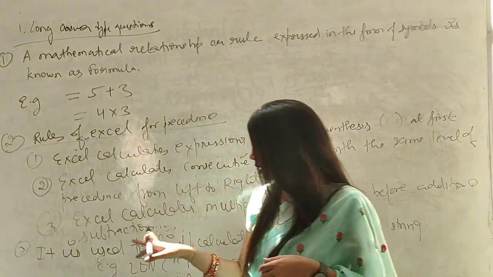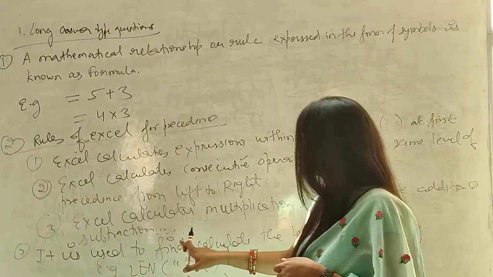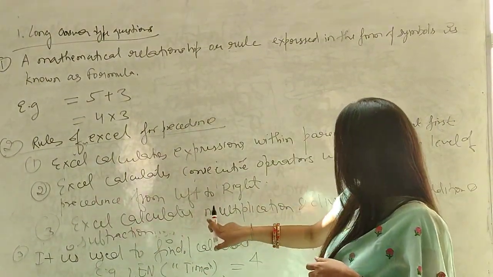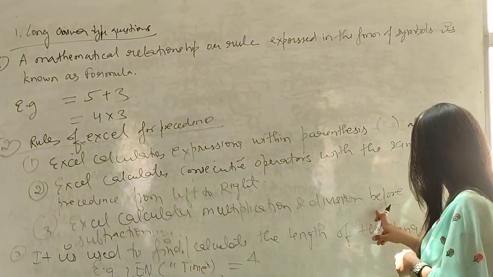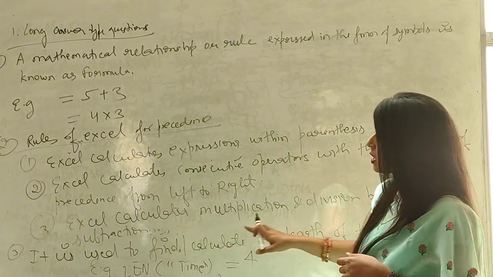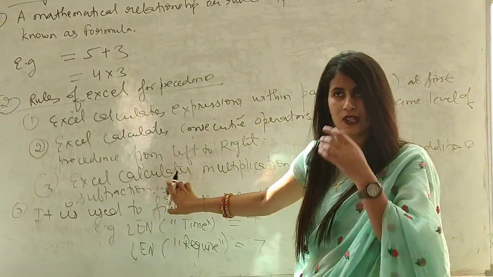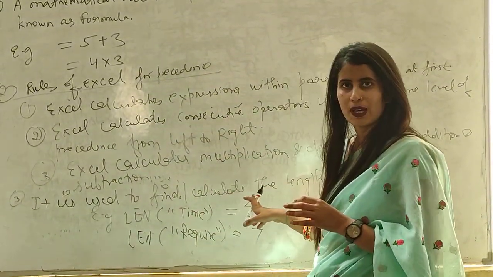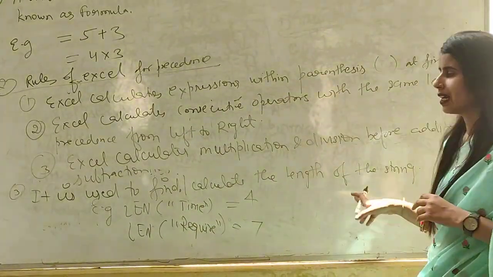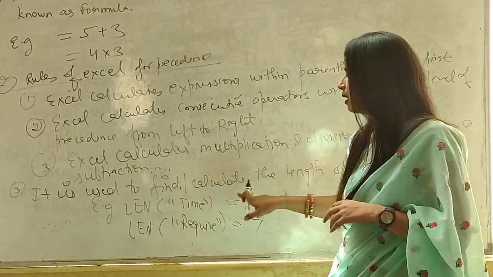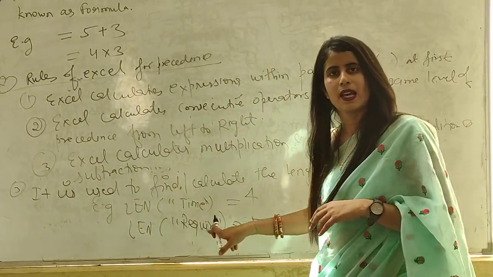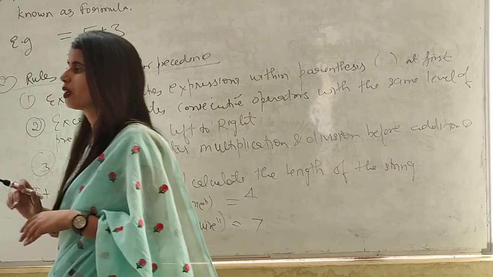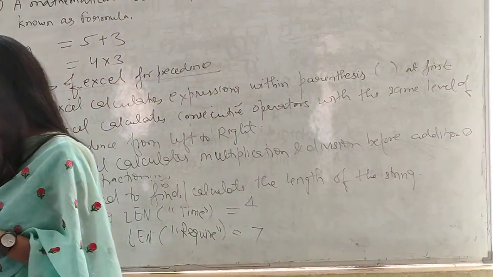And the last one is, Excel calculates multiplication and division before addition and subtraction. Second answer finished. Now third answer is, it is used to find or calculate the length of the string. Examples are given here. Len, time, answer 4. Len, require, answer 7. Okay. Now we are going to do next question.